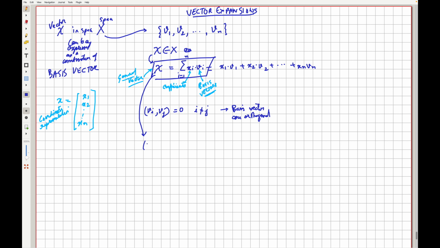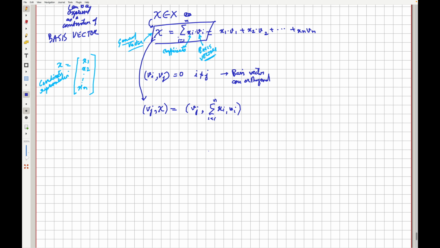So we'll say v_j dotted with x is equal to v_j dotted with the entire summation term, x_i v_i.